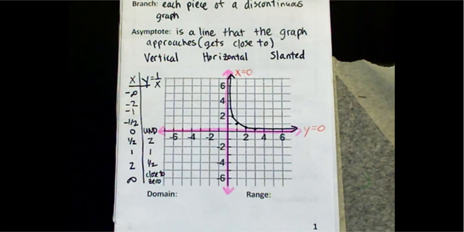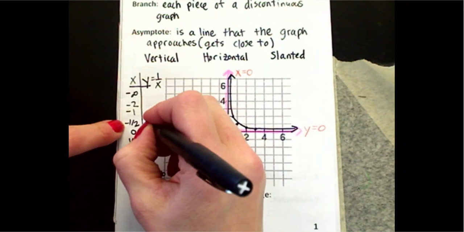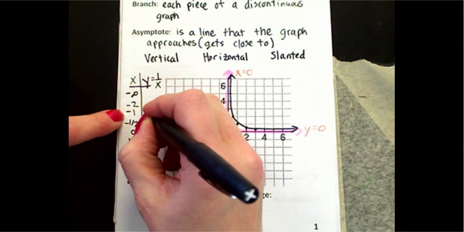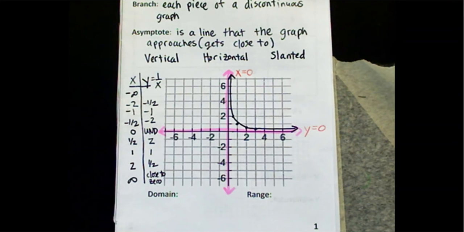Okay, negative numbers. We have a whole set of values. Let's plot them and see where this shape goes. -2, -1, -1/2. Okay, 1 over infinity is still very, very close to 0.